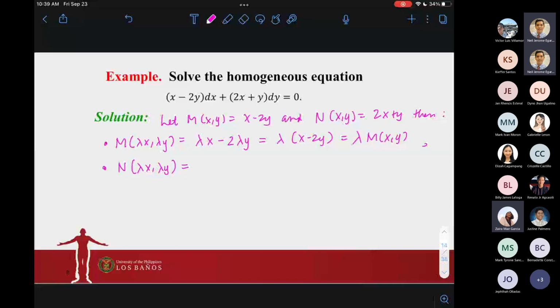Pero anyway, yeah, we're checking for homogeneity of N. So kay N, lahat ng x, palitan ng lambda x, lahat ng y, palitan ng lambda y. So for N, we'll have what? 2 lambda x plus lambda y. And then I'll factor out the lambda. I'll have 2x plus y, which is precisely N of xy.